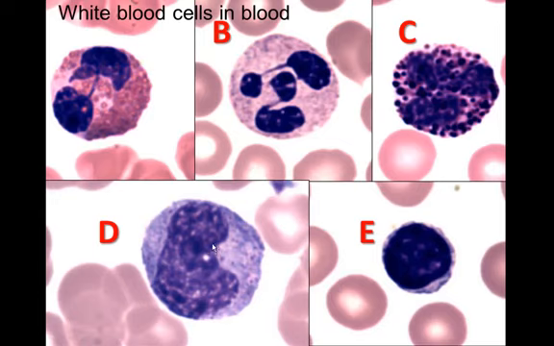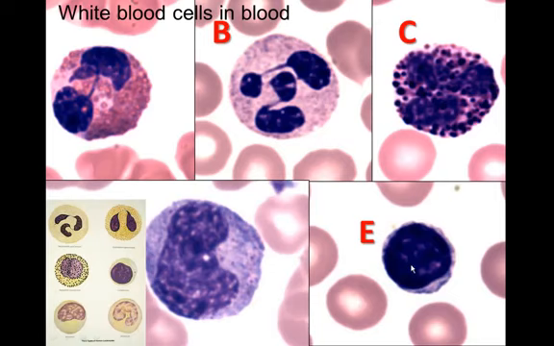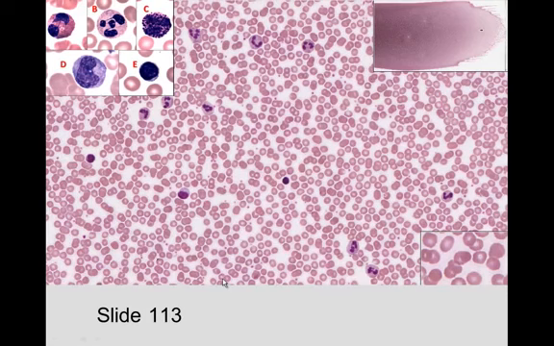Then we have a monocyte, mostly euchromatic nucleus, a lot of cytoplasm associated with it, and a lymphocyte, mostly spherical. It looks spherical at light microscopic level at least, and then we have a small rim of cytoplasm around it. And so in comparison to our drawing, these are neutrophils, eosinophils, basophils, lymphocytes, and monocytes.